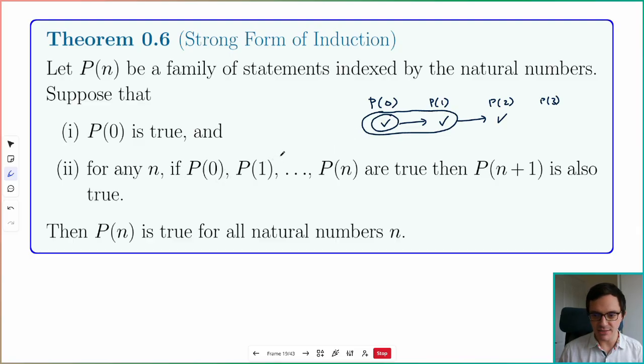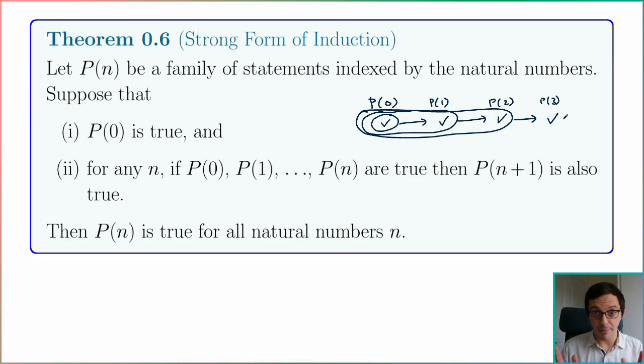And then maybe once I know that all three of these are true, all previous values, that implies that this one is true. And the strong form of induction says that if you have that property, that whenever all previous values are true the next value is true, together with P0 being true, then once again you conclude that Pn is true for all natural numbers n.